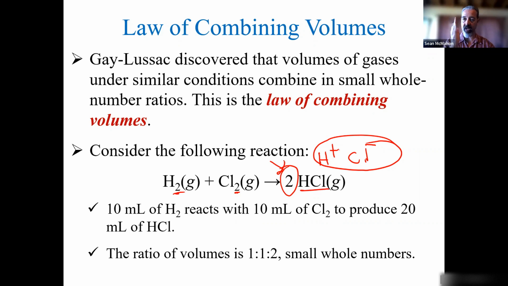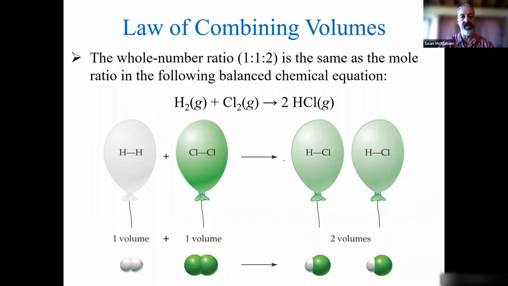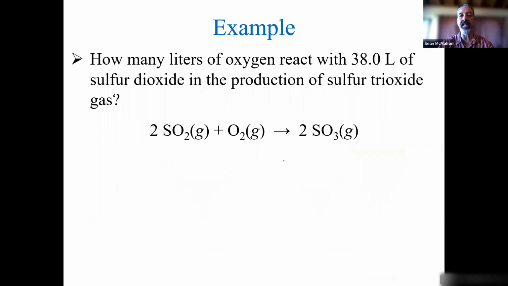So what we're seeing is we have these small whole number ratios, and that's pretty much what Gay-Lussac discovered. So this is called the law of combining volumes. How many liters of oxygen react with 38 liters of sulfur dioxide in the production of sulfur trioxide?